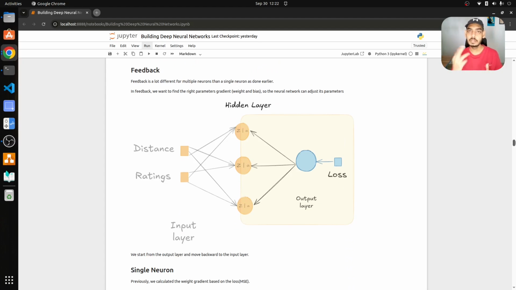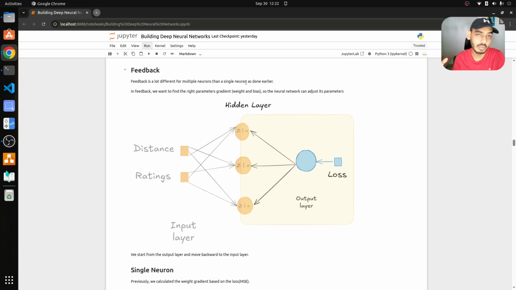And feedback is the third step of the training cycle, where we'll be using the weights and bias. We won't be updating them yet, but we'll be calculating those weights and biases with the help of gradient descent. So feedback is a lot different for multiple neurons than for the single neuron we did earlier. In the linear case, we had just one neuron.